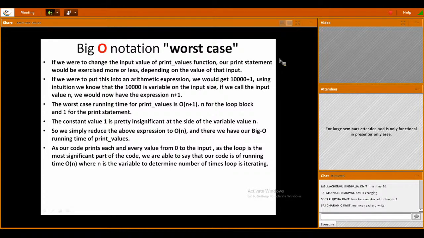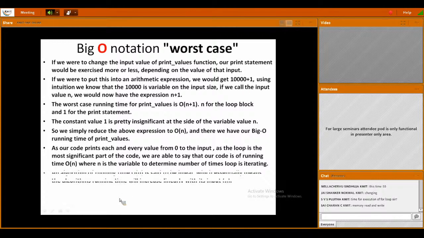This O is referred to as big O, therefore the name big O notation, where n is a variable to determine the number of times the loop is iterating. An algorithm of running time O of n is said to be linear because as the n value increases, the time increases, which essentially means the algorithm's running time will increase linearly with its input n, right?